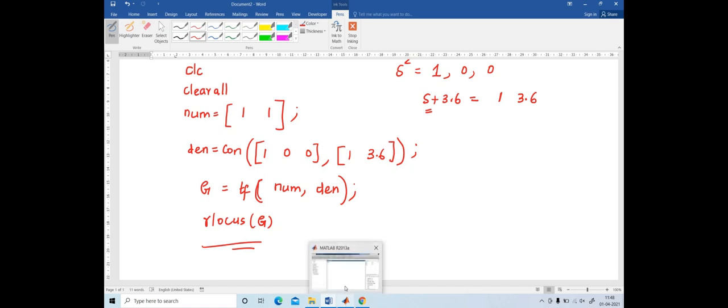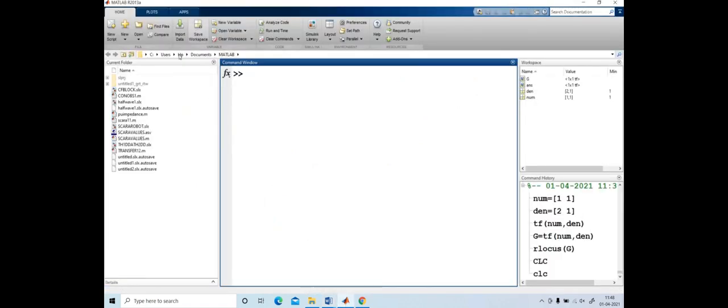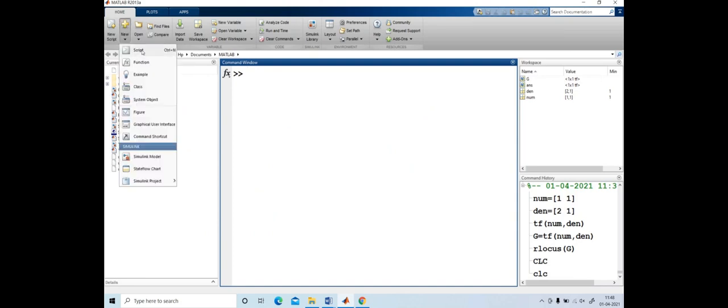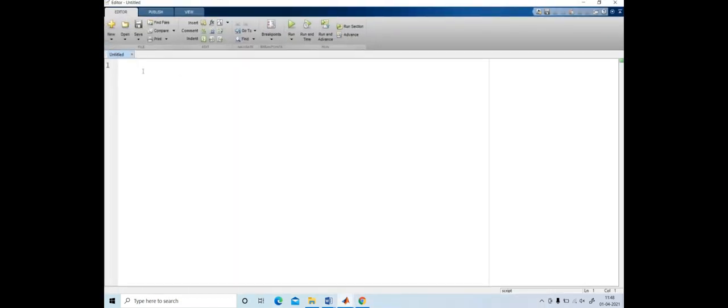Next open the command window and click on new script. Then first put CLC, then clear all, and next num equal to square bracket 1, 1, close bracket, semicolon.